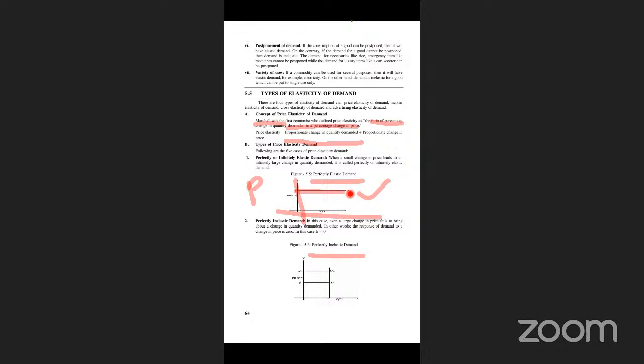Do make a note: a small change in price is leading to infinite change in quantity demanded. It is then when you have the curve which is horizontal to the x-axis.